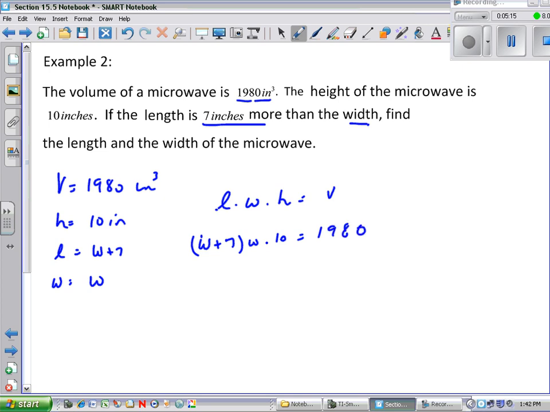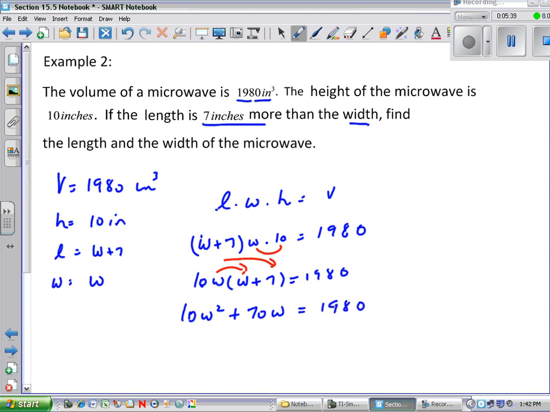So now I will have 10 times W is 10W, so I'm just going to write the 10W in the front, and then W plus 7 is equal to 1980. So now I'm going to distribute that 10W, and I will have 10W squared plus 70W is equal to 1980.